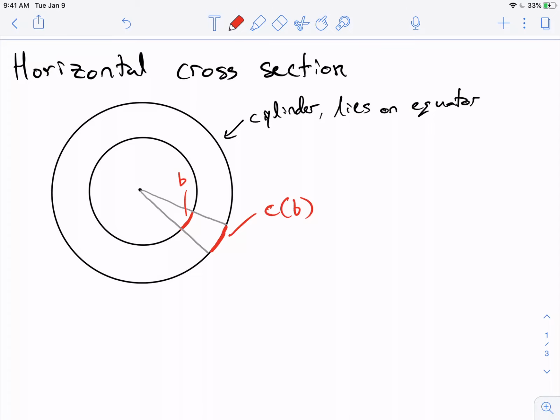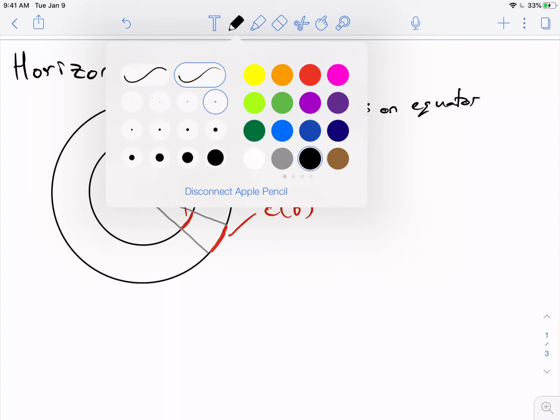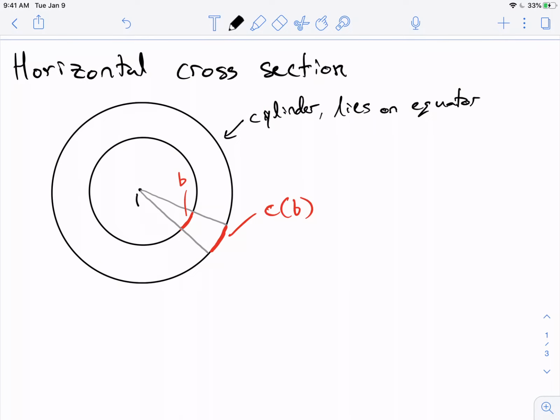Now what else do we know? We know that this length here is just the radius r. It's the distance from the center of the Earth to the outside of the Earth. And what we don't know is this distance. I'm going to call it little r. Okay.